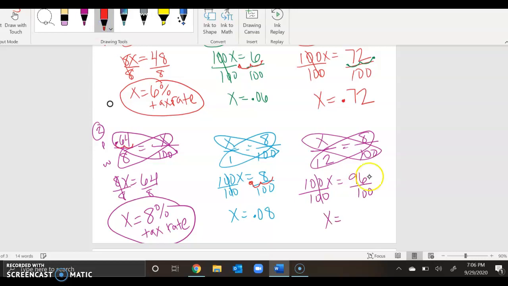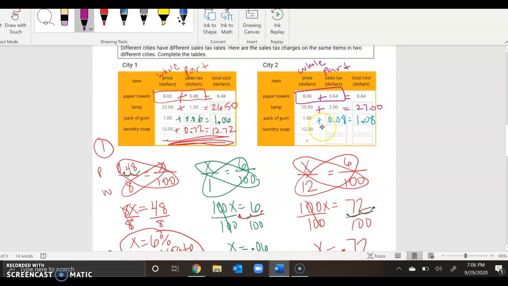When we divide by 100, that decimal is going to go to the left 2 times. So it's 96 cents. So $12 plus our 96 cents tax is going to make $12.96. And again, we're not going to worry about that bottom row. We have the rest of the table filled in. So there is your day 7 lesson on sales tax.